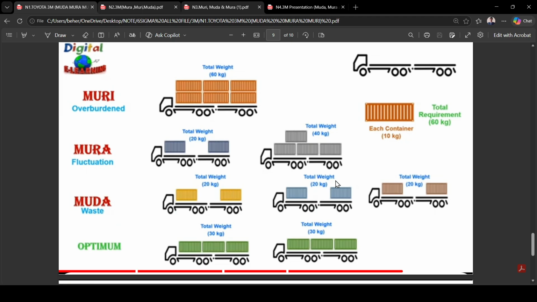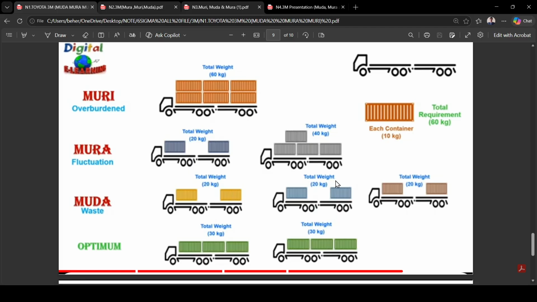Then another one is Mura. Mura means fluctuation: one truck carries 20 kg, another truck 40 kg. That is also waste, because it is clearly not balanced.